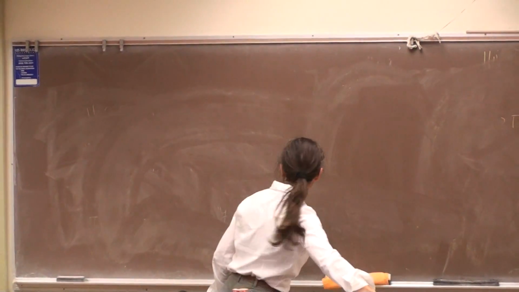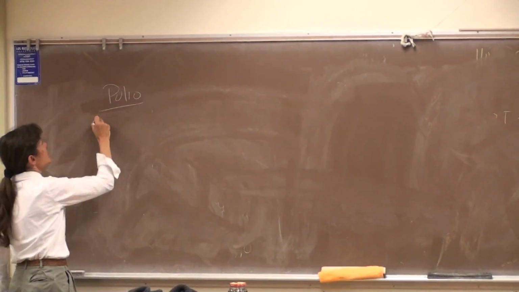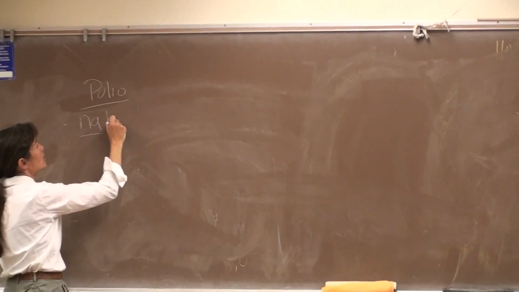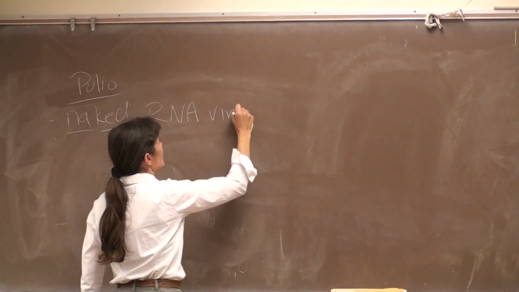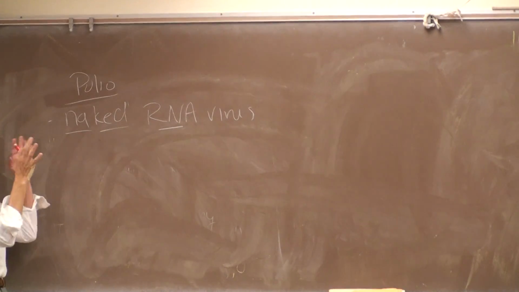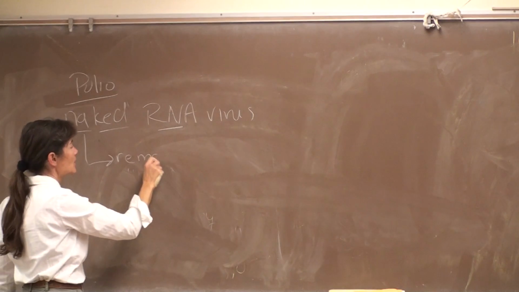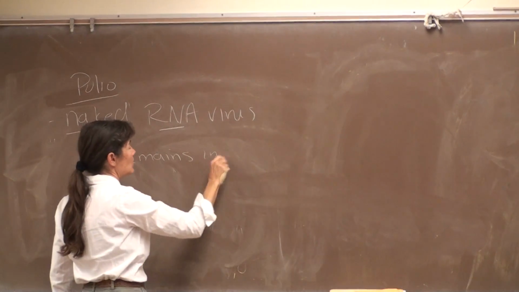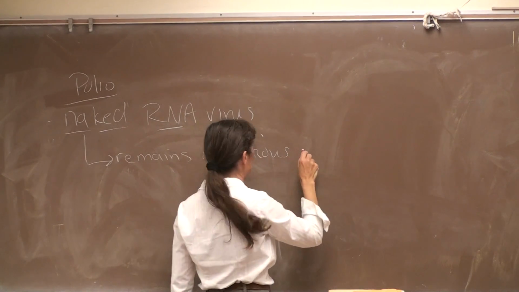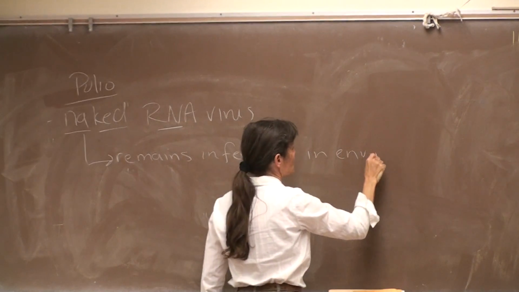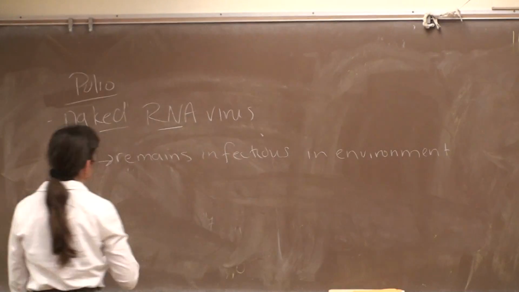Okay. So poliovirus is a naked RNA virus, and that's important, you guys. Two important things here. Naked means that it remains infectious in the environment once it's been shed. And that's why fecal contamination is such an important way of spreading poliovirus.